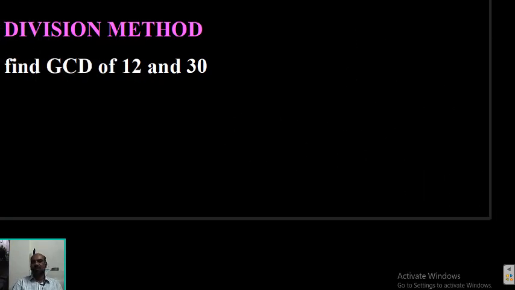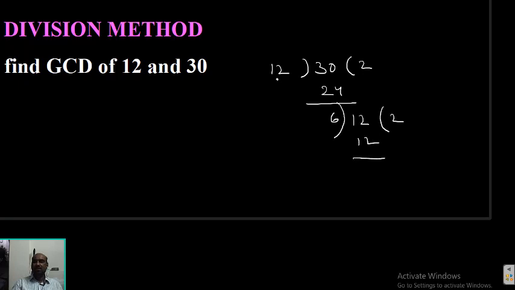Okay. Now 30 should be divided by 12. 12 2s are 24. 6 remainder. Now I can't say that 12 is the GCD of 12 and 30. If instead of 6 you got 0, then I can say 12 is the GCD of 12 and 30. Now this becomes the new divisor, the old divisor the new dividend. Now we need to proceed. 6 2s are 12. Remainder 0.